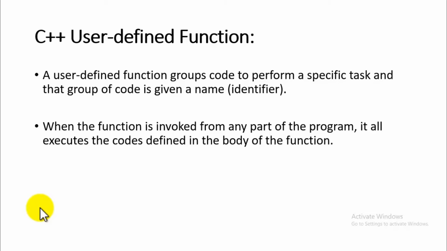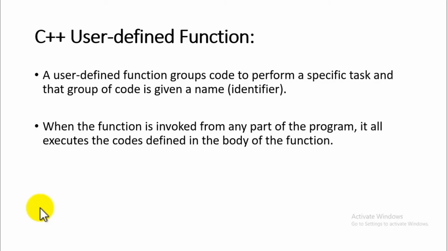So a C++ user-defined function is a group of code to perform a specific task, and that group of code is given a name or an identifier. You can name your functions anything you want.